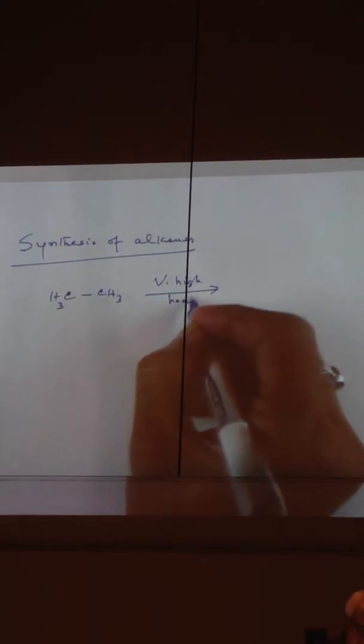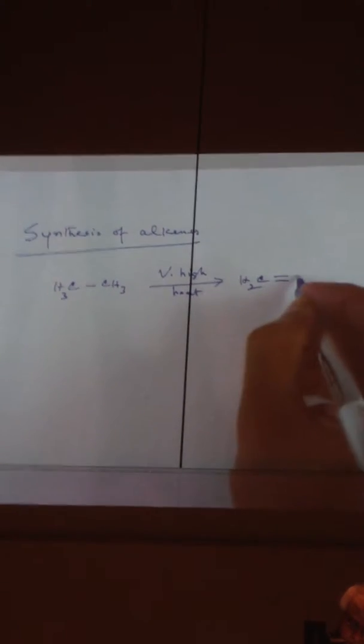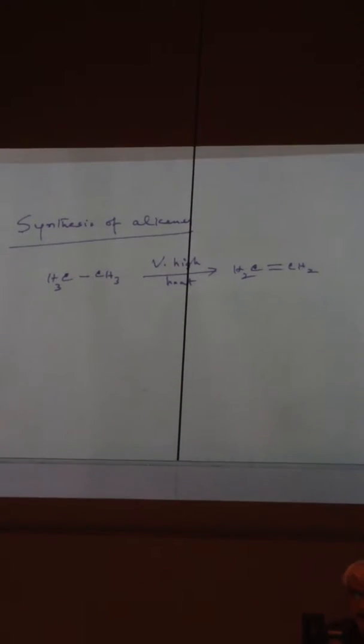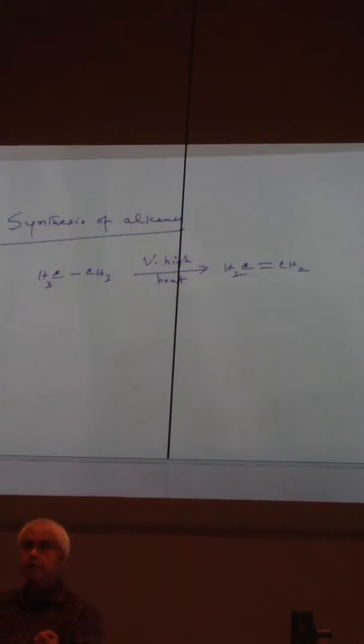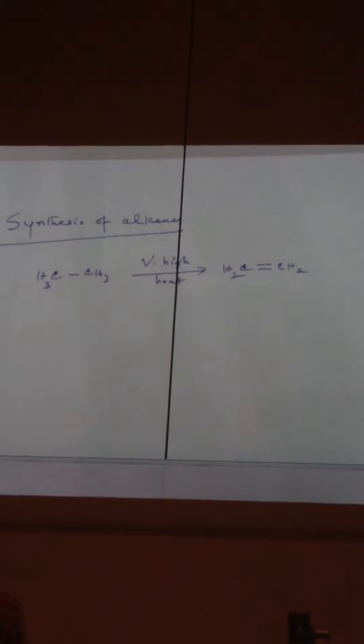Now the commercial or industrial synthesis of alkenes, such as propene, can be done from propane, or ethene can be done from ethane. So you eliminate a hydrogen from each of those two carbon units and generate a carbon-carbon double bond.